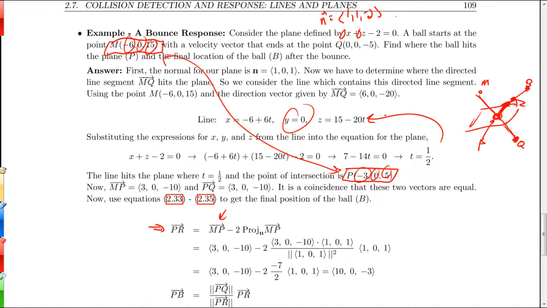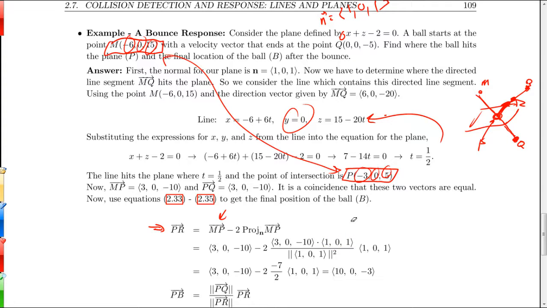Oh, wait, not 1, 1, negative 2. My fault. It's the coefficient of x, which is 1. The coefficient of y, there is no y, so it's 0. And the coefficient of z, which is 1. I'm running out of space up there. So there's my normal, 1, 0, 1.